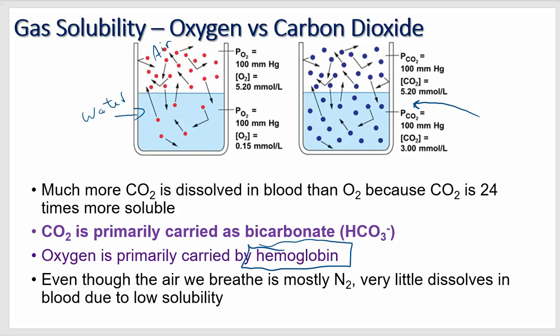Carbon dioxide, yeah, it's soluble, but the trouble with carbon dioxide, or a feature of carbon dioxide, is that carbon dioxide will react with water, and it forms H2CO3. All right, it forms a molecule called carbonic acid, which then can break down, it loses a hydrogen, and it becomes HCO3 minus.